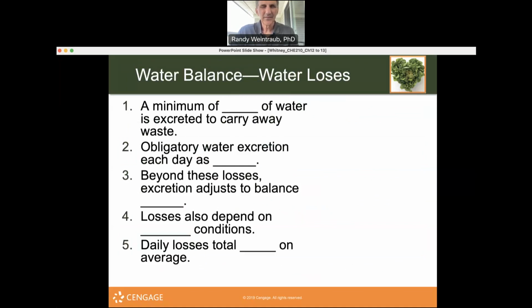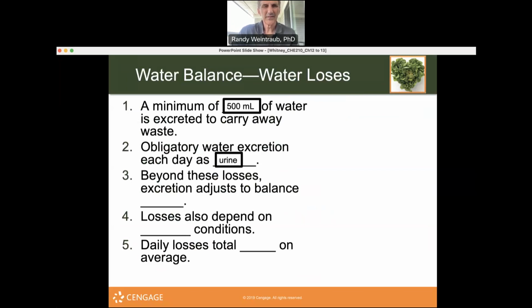And with regard to the amount of water we should be maintaining in a normal functioning homeostatic body, a minimum of 500 milliliters of water is excreted in waste. That's the amount of water we need to carry away waste in the urine, 500 milliliters.